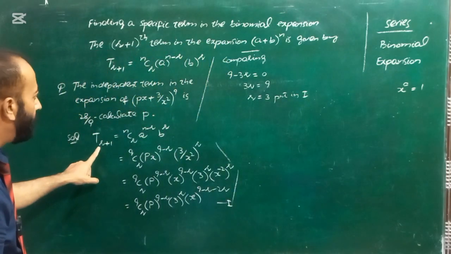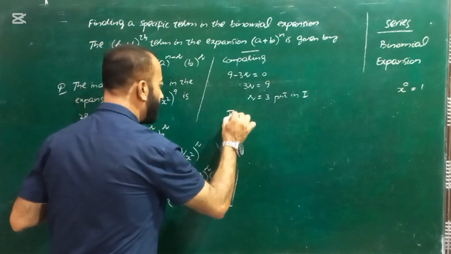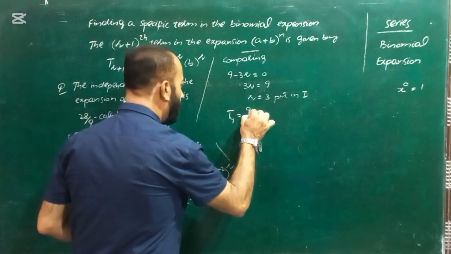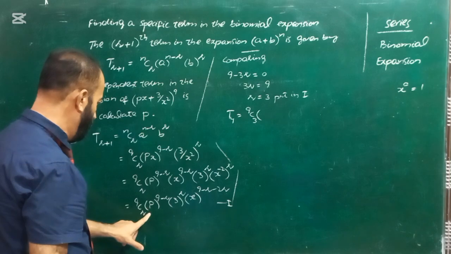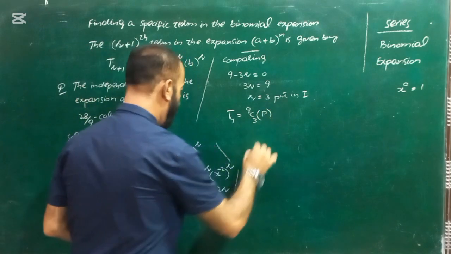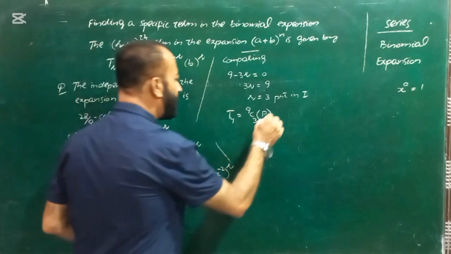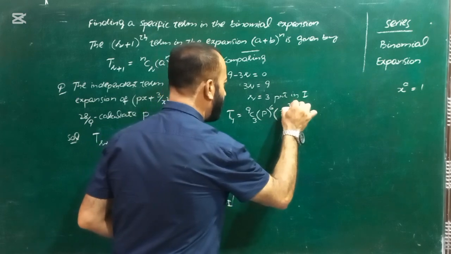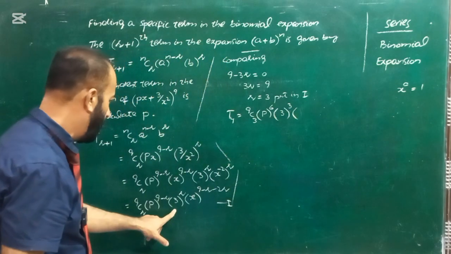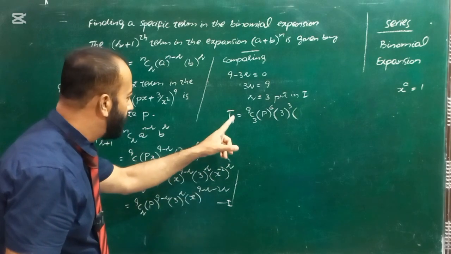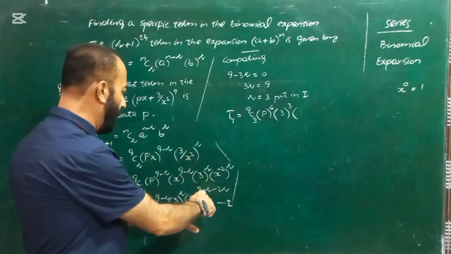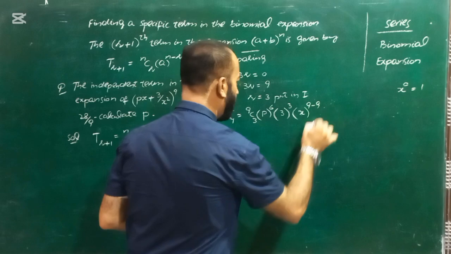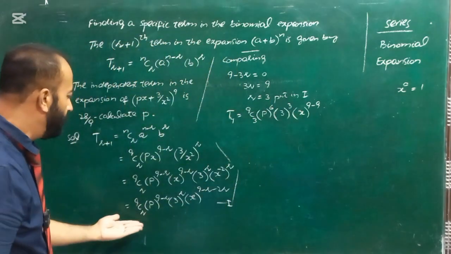So from here you can see it will become T4 is equal to 9C3 into p raised to the power 9 minus 3, it will become 6, into 3 raised to the power 3, into x raised to the power 9 minus 3r, which will be 9 minus 9. So we have put the value of r into this equation.